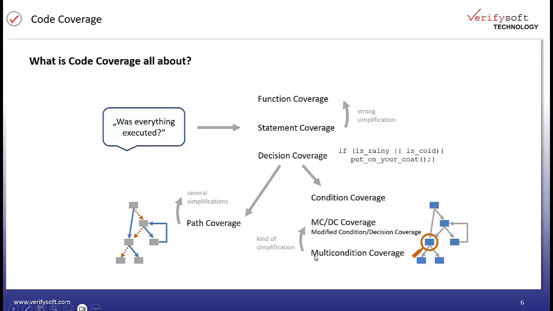The result is somewhat the same, but you need fewer test cases, and this is the level requested by the standards for critical software. For example, in 26262 for ASIL D it is requested.